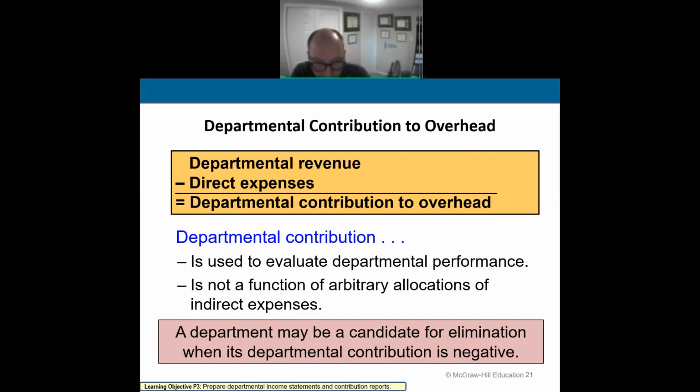So a couple of years ago, Macy's started looking at this report, the contribution to overhead for each store, and saying, hey, our mattresses, we have a negative contribution sometimes to the store.